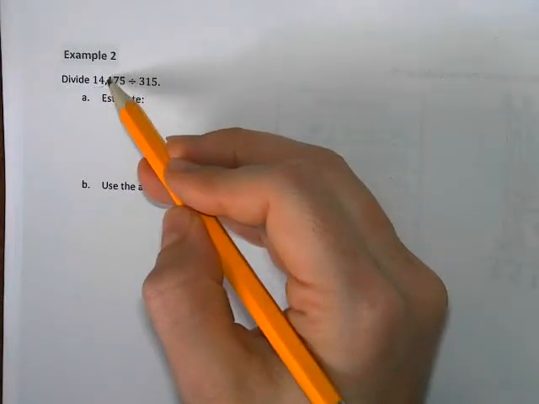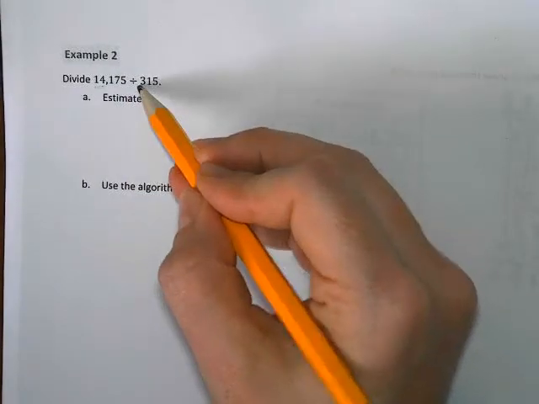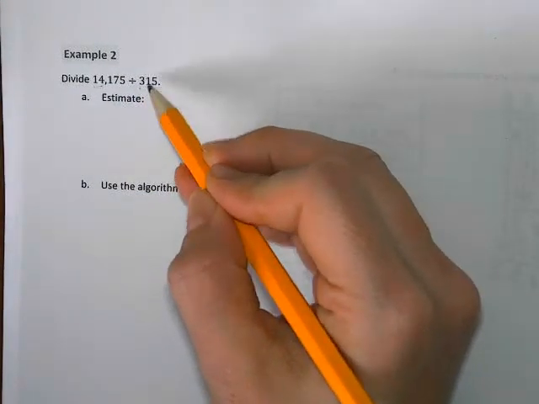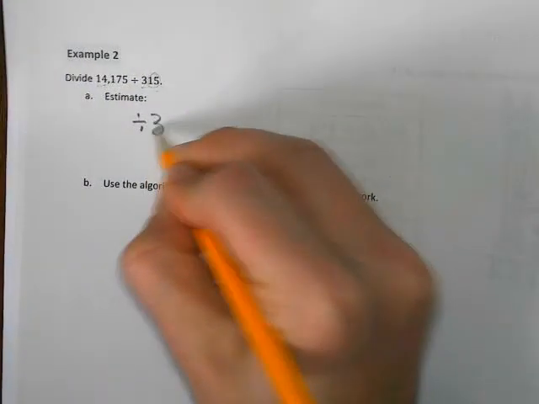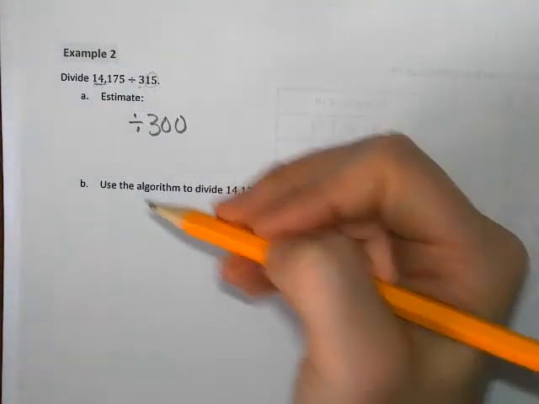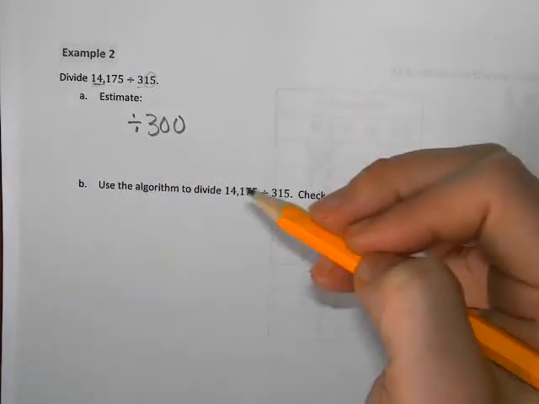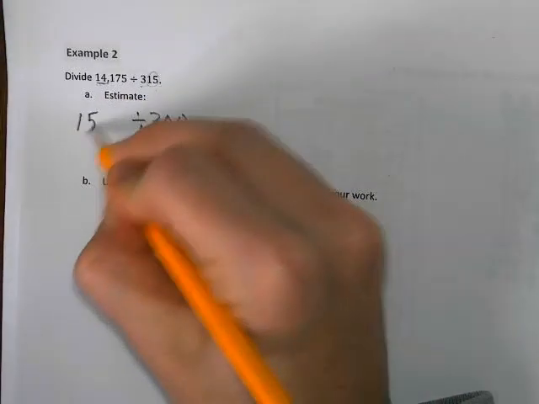There's a 1 there, so it could stay as a 14 if you want. I'm going to round it up to 15 because this is a 315. And this 15 makes this round down to a 300. And so I want this to end in a 0 or a 5 so that I can divide easily without having to do a lot of extra thinking. So this is going to be a 15,000.